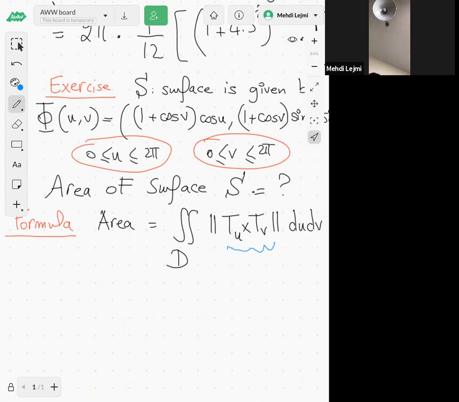You can also try to check if this parameterization is one-to-one and also smooth, but that would be a lot of computation. So my suggestion, guys, is to just try to apply this formula, and that'll be fine.